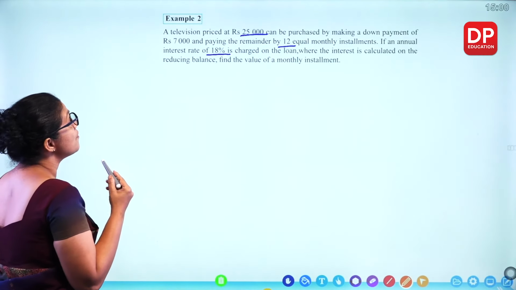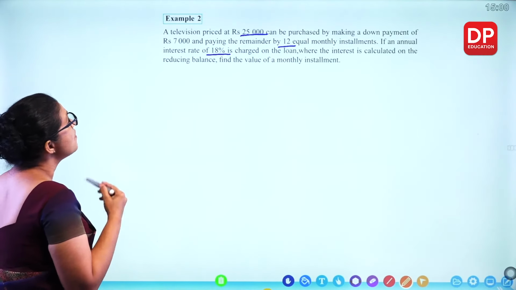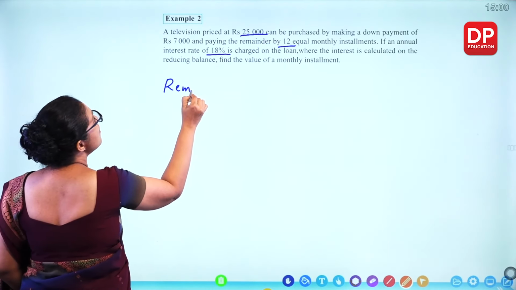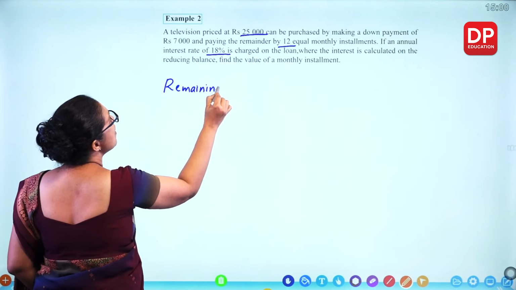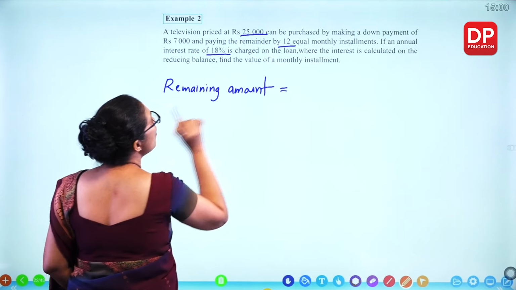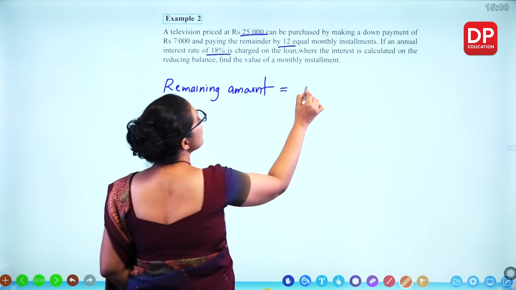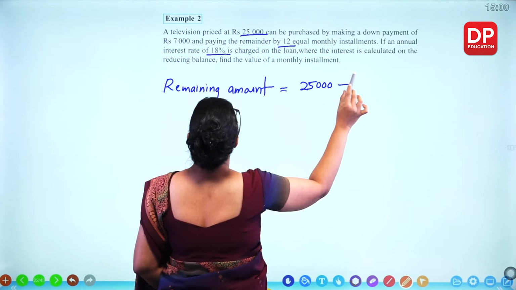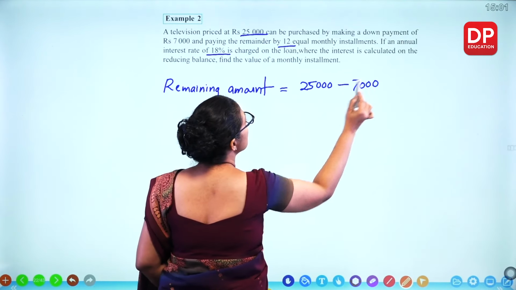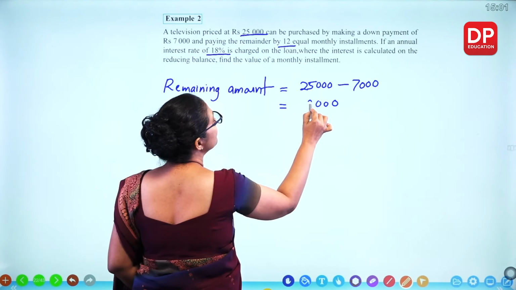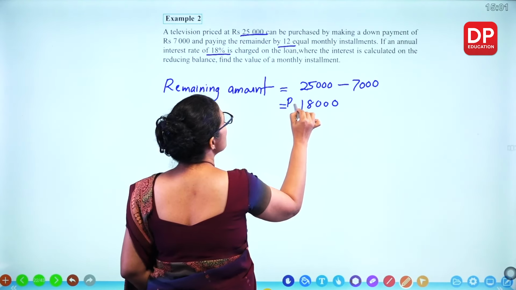So what's the first step? The remaining amount after paying the down payment. 25,000 minus 7,000. So what's the value? 18,000 rupees.